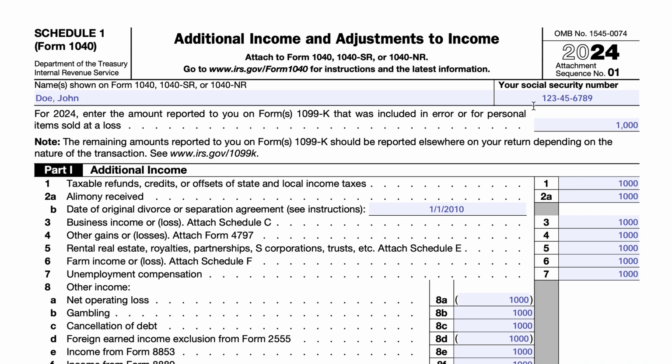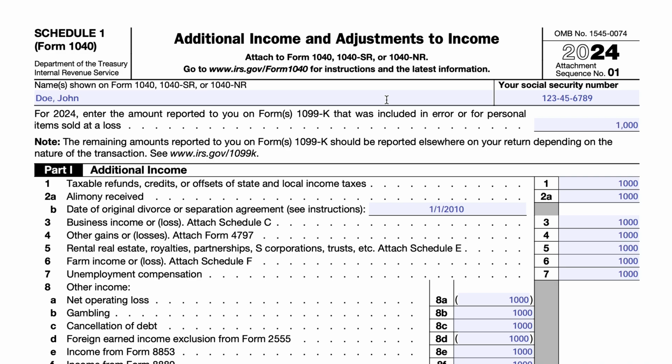So at the top of Schedule 1, there is a space for dollar amounts that were reported either in error or personal items that were sold at a loss. This is important for people to pay attention to because I received a question just the other day on how to report personal items that you sold for a loss, because you can't write them off on your tax return.